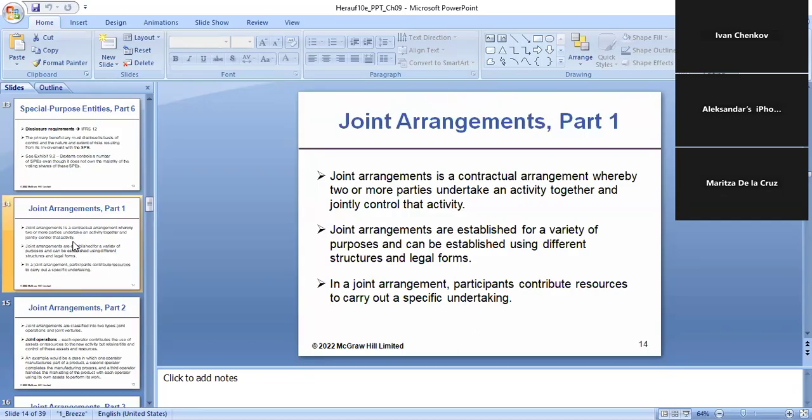The joint arrangement participants contribute resources to carry on a specific undertaking. So in order to have a joint arrangement, again, we have to have a contractual agreement where two or more parties undertake an activity together with joint control of that activity.